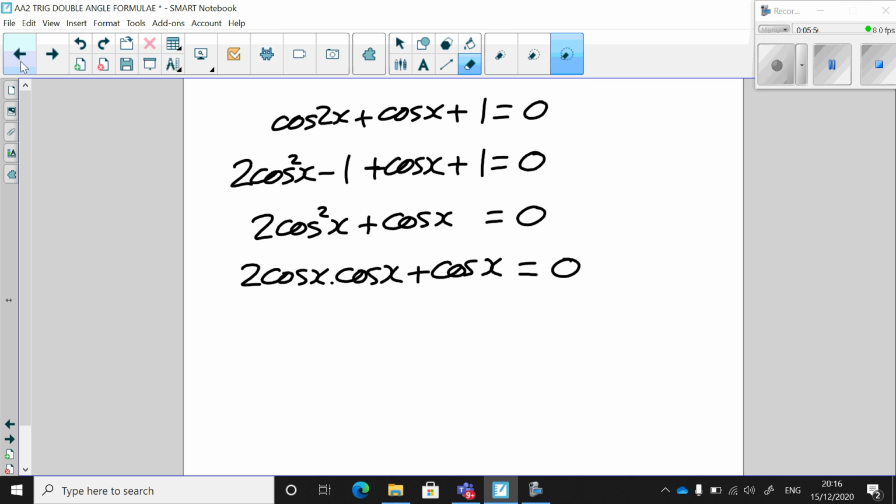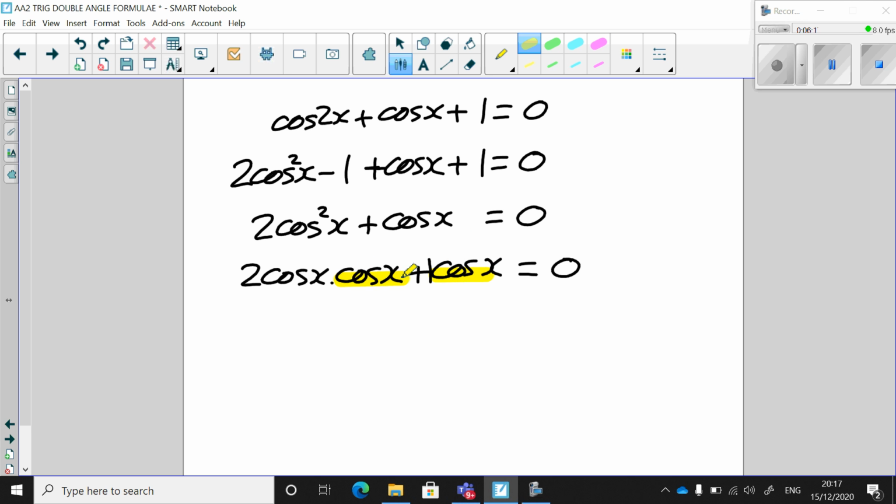Right, if you just have single cos x, that's why I put the 1 in front, because when I factorise I want to have something left. So I'm going to factor out cos x from both. Cos x comes out.